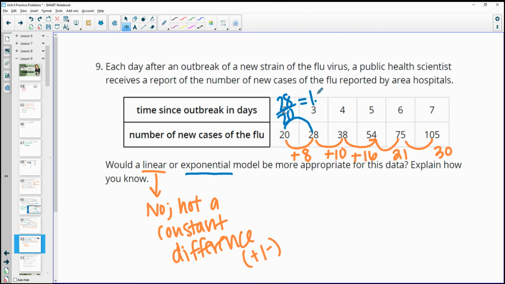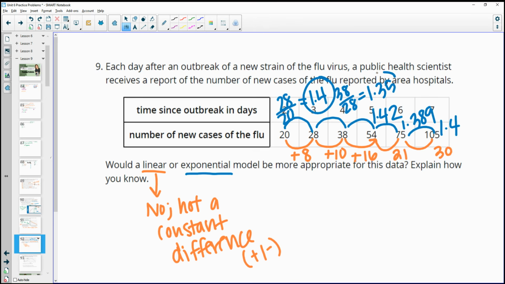So 28 divided by 20 is 1.4. 38 divided by 28 is 1.35. 54 divided by 38 gives us 1.42. 75 divided by 54 gives us 1.389 or 1.39. And 105 divided by 75 gives us 1.4.